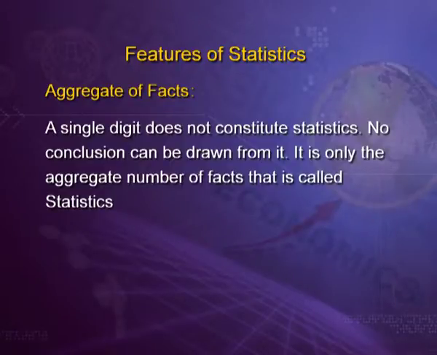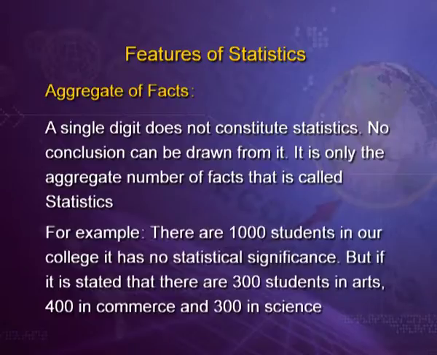A single digit does not constitute statistics because no conclusion can be drawn from it. It is only the aggregate number of facts that is called statistics. For example, there are 1000 students in our college.